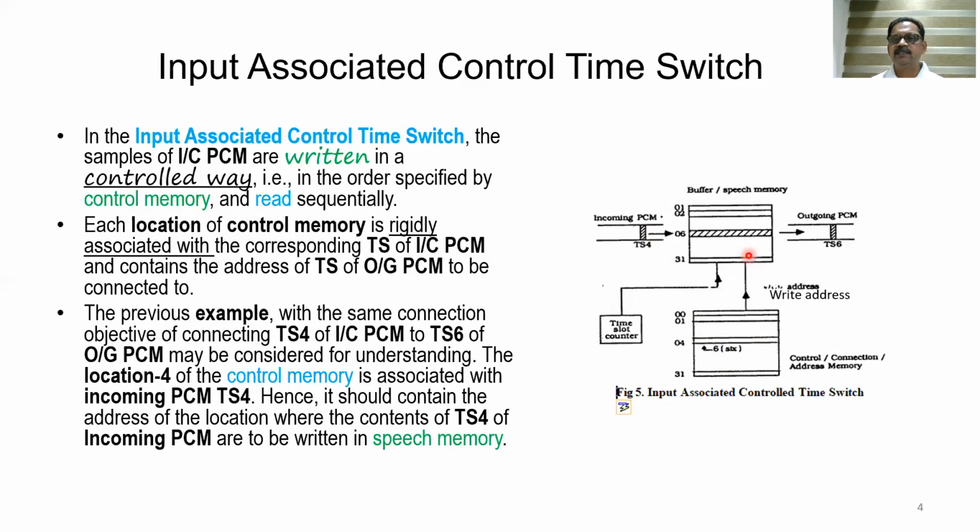Of course, as you can see in the diagram, it directs you to write the information in speech memory location 6, so that it can be read out onto the outgoing PCM in a cyclic manner. Further, we will continue.